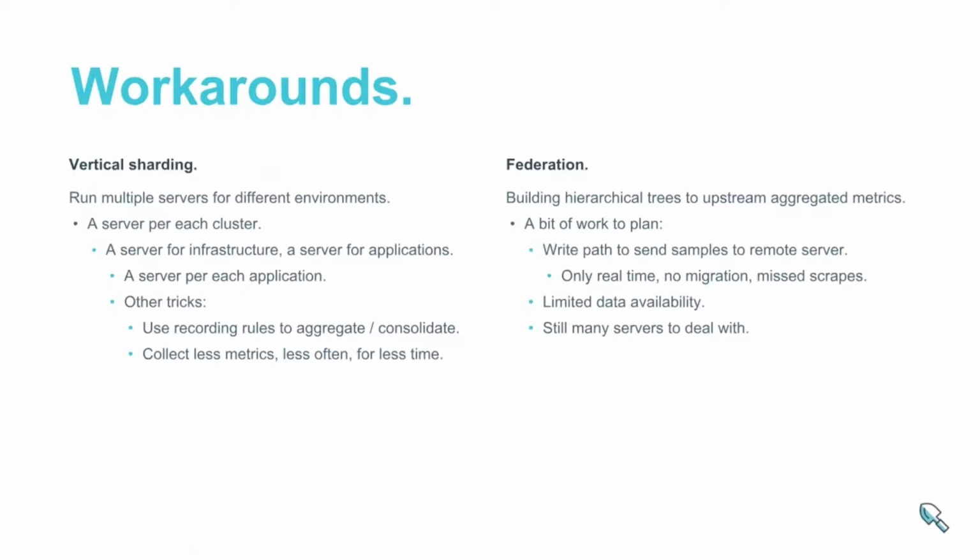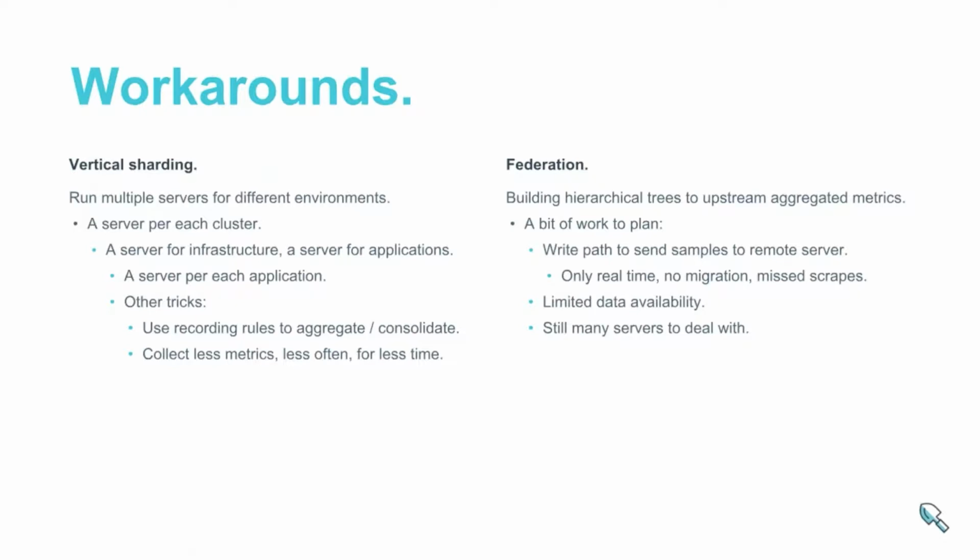For example, I can create a Prometheus server for each Kubernetes cluster. If that's not enough, typically people create one Prometheus server for infrastructure Kubernetes metrics, and then another Prometheus server for collecting application and custom metrics.